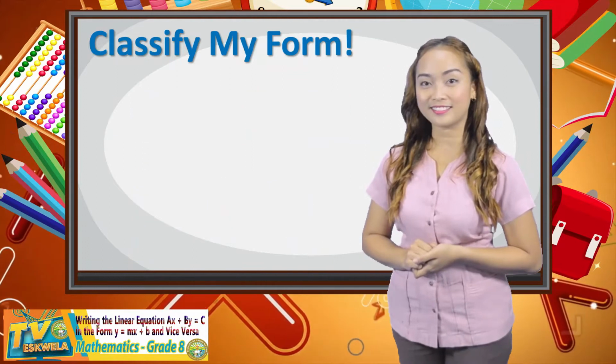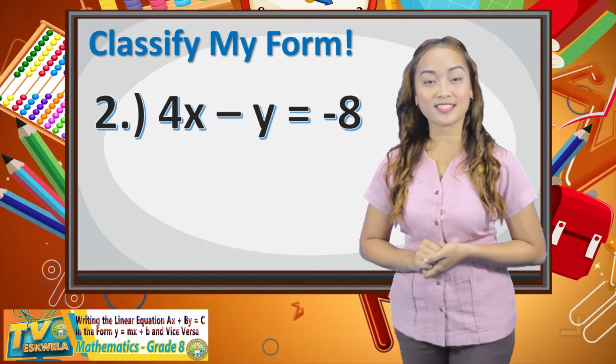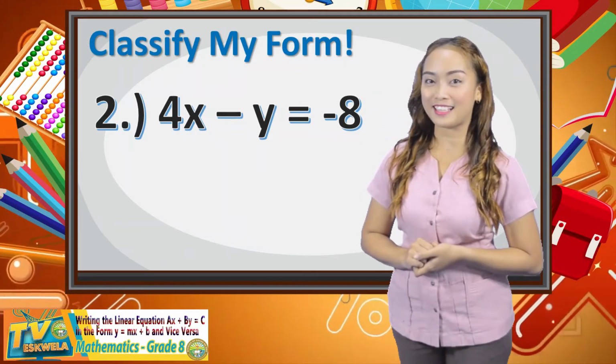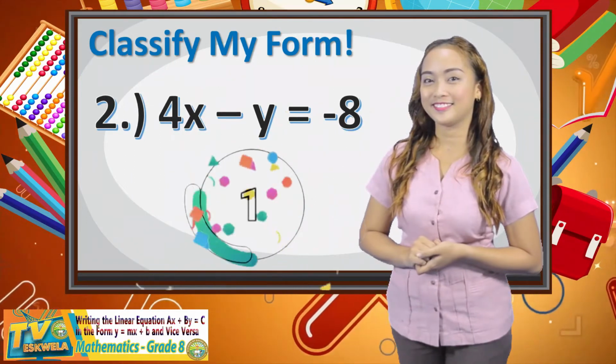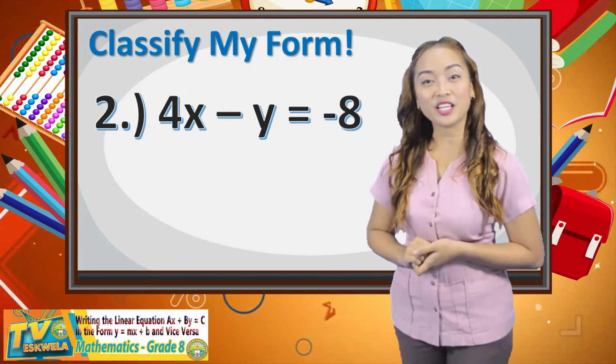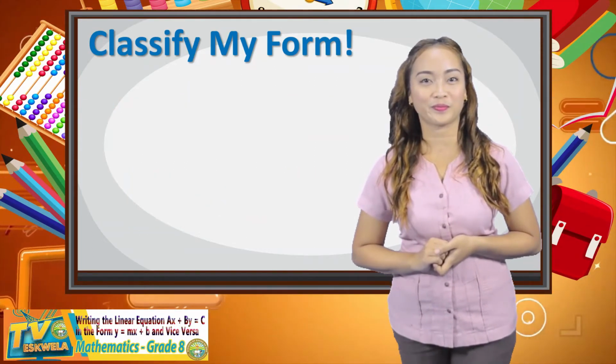Next one. Number 2. 4x minus y is equal to negative 8. Clapping once is right. The given equation is still in standard form.